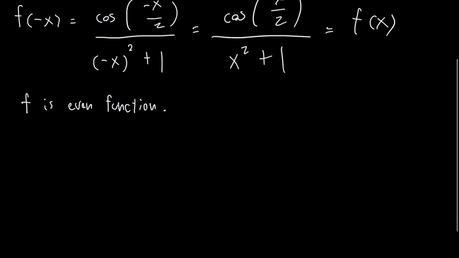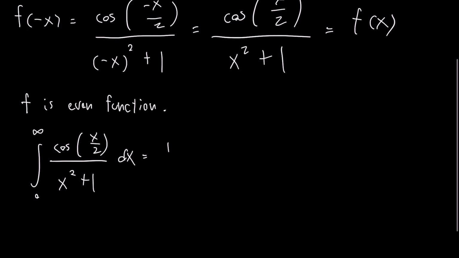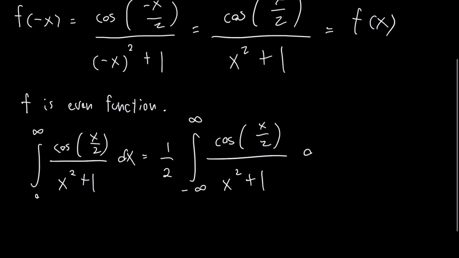So we could therefore write the integral from 0 to infinity of cosine of x over 2 divided by x squared plus 1 dx as 1/2 the integral from minus infinity to infinity of cosine of x over 2 divided by x squared plus 1 dx.